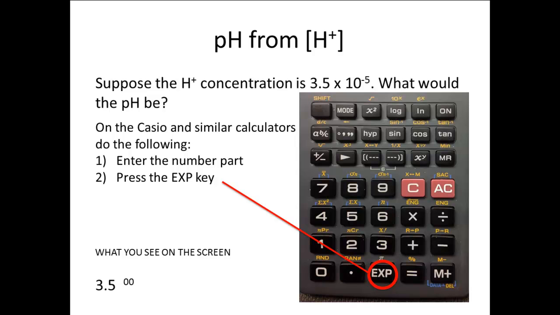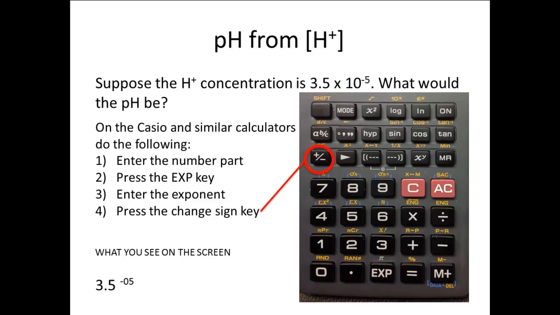This is the exponent of 10. Now enter the exponent, in this case 5. Next, press the change sign key to change to negative 5. Then press the log key and the answer appears.